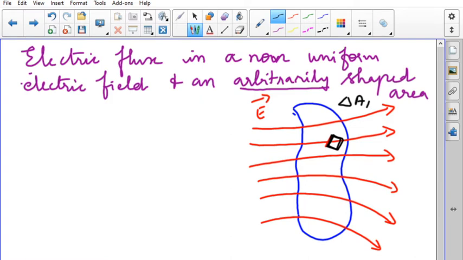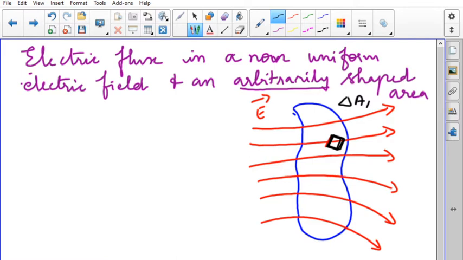Like that, the entire curved surface is divided into large number of small elements, and each area element is almost flat, and we have to consider that the electric field over this small area is uniform. So how will you write the electric flux for the entire area?